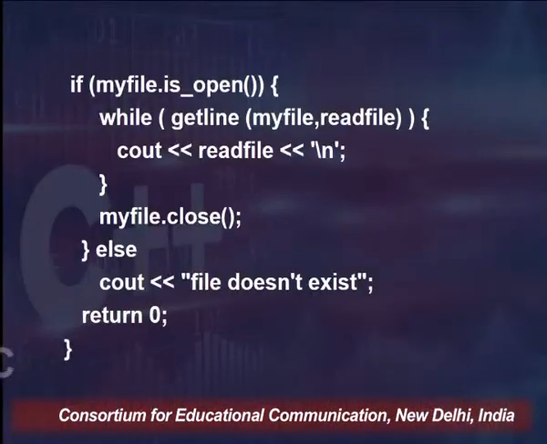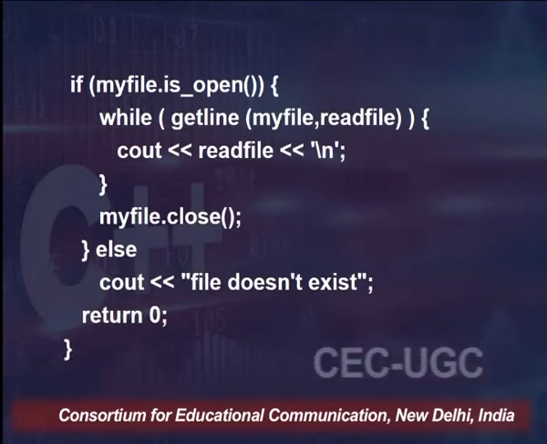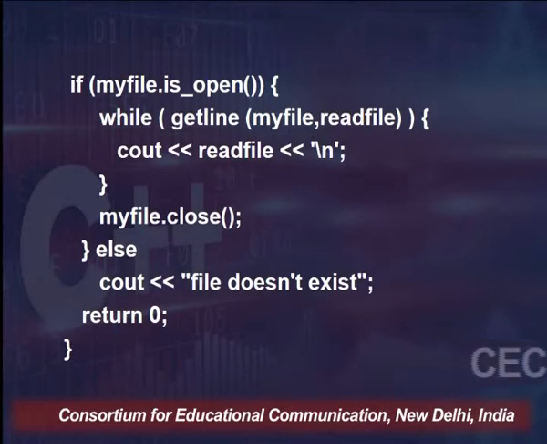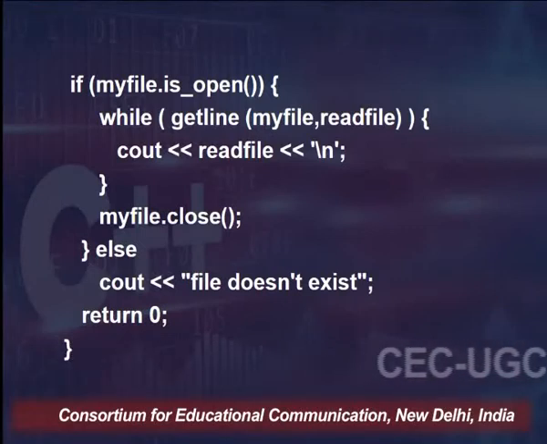Now this whole scenario is under the circumstance that myfile.is_open is a success. Now what if myfile.is_open is not a success? That means there is no such file with that particular name.